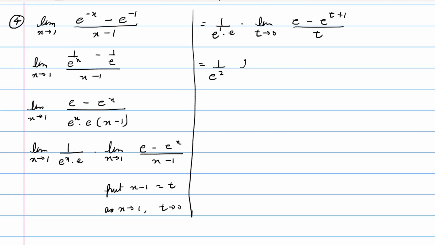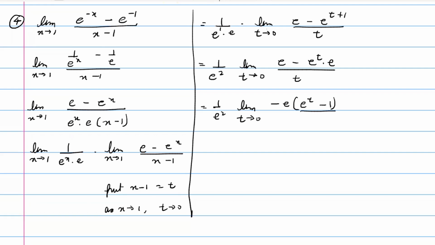So we have e squared, limit t tends to 0, e raised to t into e minus e, upon t. I can take negative e out, so I will get e raised to t minus 1, this particular form. So now when I take the limit, this is e squared, this is negative e, and this is 1. So negative 1 upon e will be the answer.